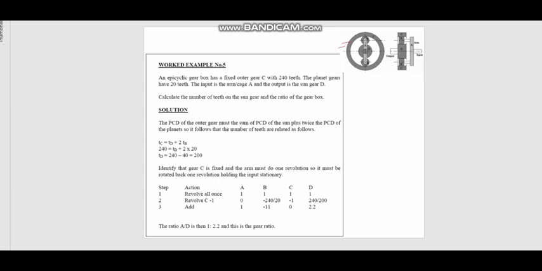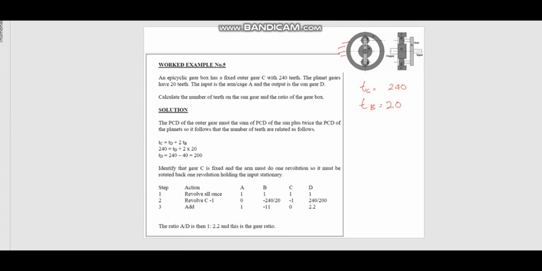So I can denote that as fixed. And TC is equal to 240. And the planet gear is B, so TB is equal to 20, and the input is the arm or the cage A, and the output is the sun gear.